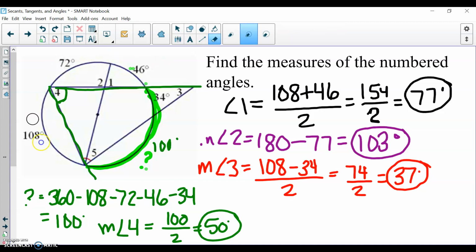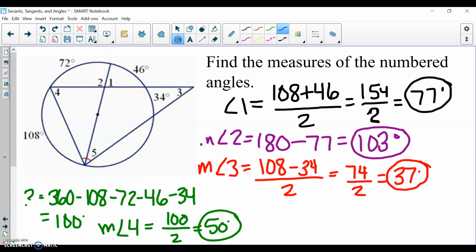Okay, our last angle, angle 5. Notice that they have angle 5 marked with 2 red curves. Angle 5 is representing this whole angle. And notice that that whole angle is inside a triangle. So within that triangle, angle 3, angle 4, and angle 5 are what create the measures for it. So we go back to the triangle sum theorem from semester 1.